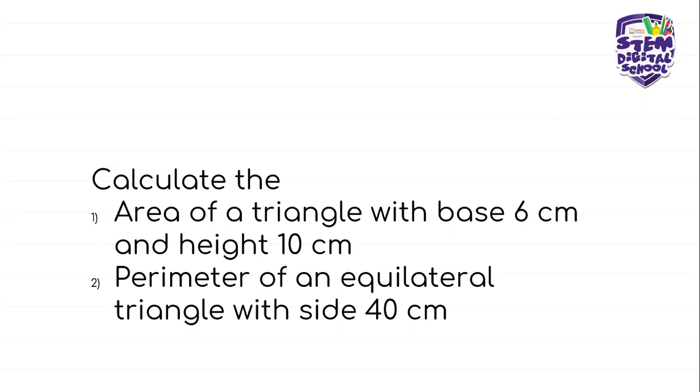And all of us should remember now that A will be equal to 1/2, and then the base is given as 6, that is 6 centimeters, and then the height is given by 10. So you'll have 10 centimeters, and then you close the bracket. It's up to you how you proceed.